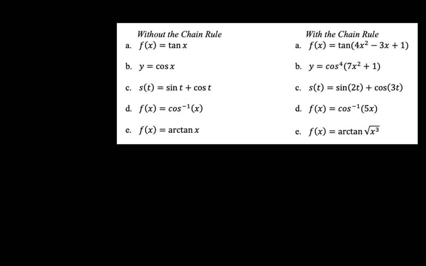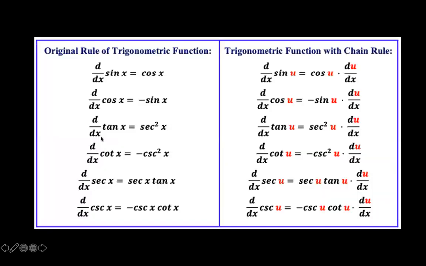So let's go on to the rules. Let's have a recap on the derivatives of the trigonometric functions, with or without using the chain rule. These are the derivatives of the trigonometric functions from sine, cosine, tangent, cotangent, secant until cosecant.